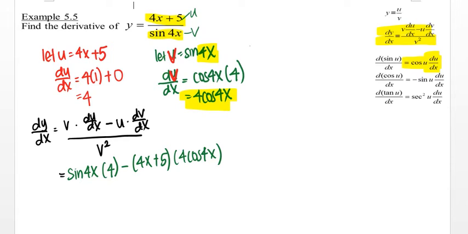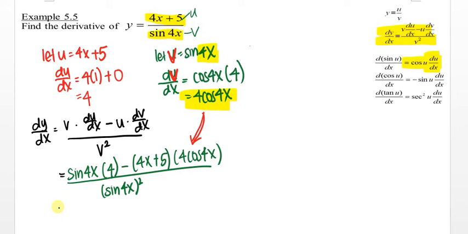So we substitute them in, over v squared, which is sine squared 4x.